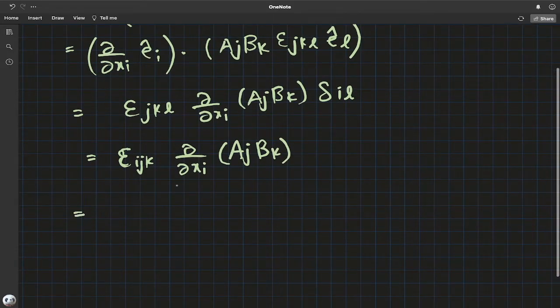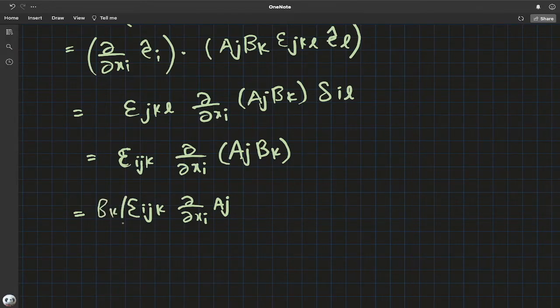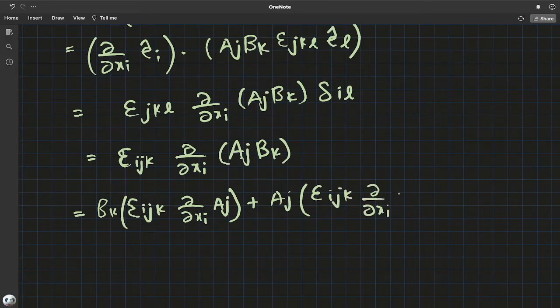Now again, use a product rule here. Epsilon ijk, partial with respect to xi of aj, bk is just outside, plus aj epsilon ijk partial xi, and then we have a bk here.